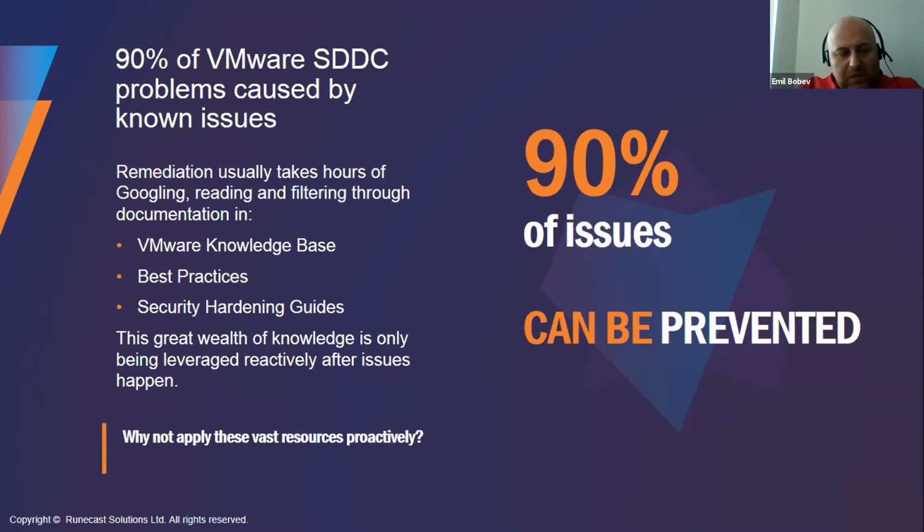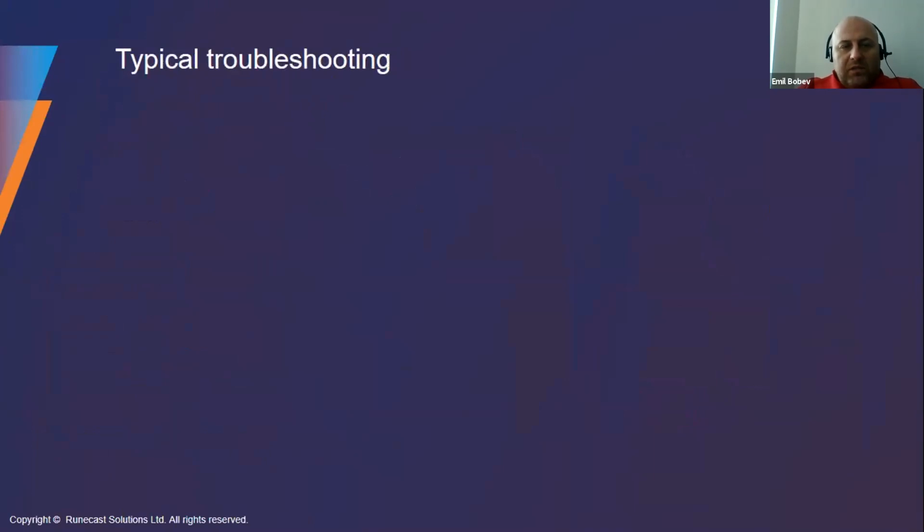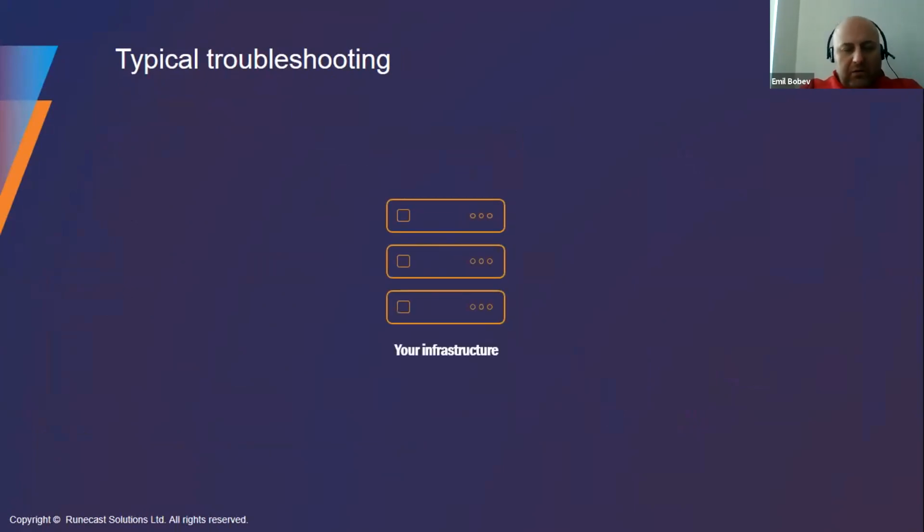The next two slides are actually very explicit. I'll show you what typical troubleshooting is without Runecast Analyzer and then with Runecast Analyzer, so you will have a clear understanding of the difference between the two. First of all, let's assume you have your hardware, your infrastructure, and your VMware on top of it. You experience some type of issue.